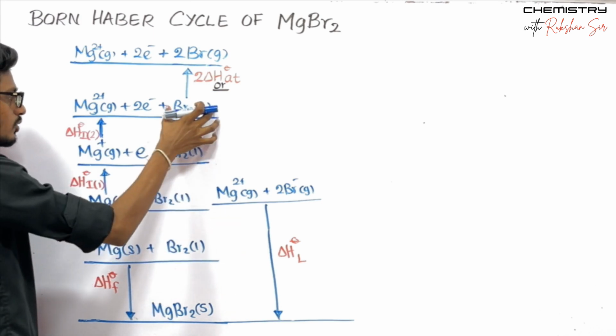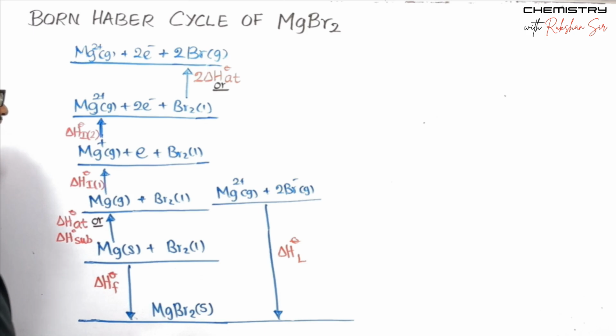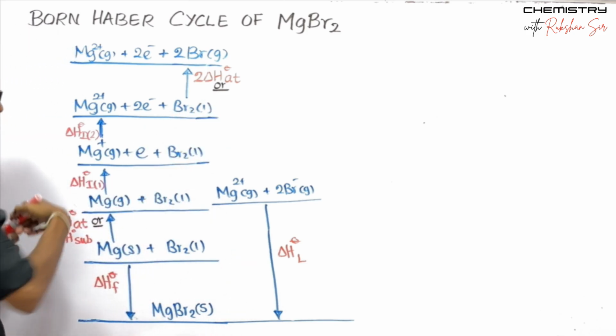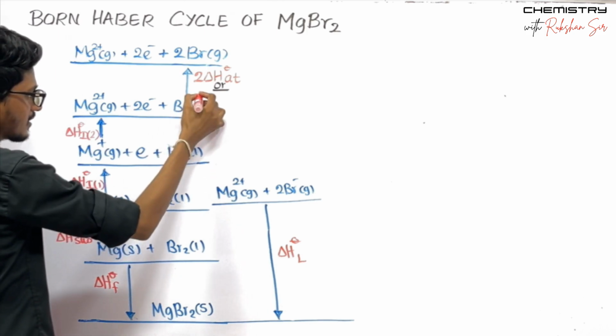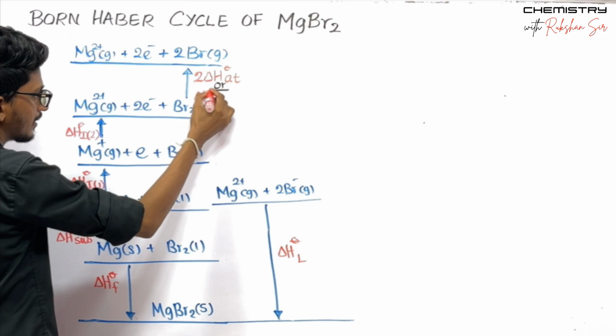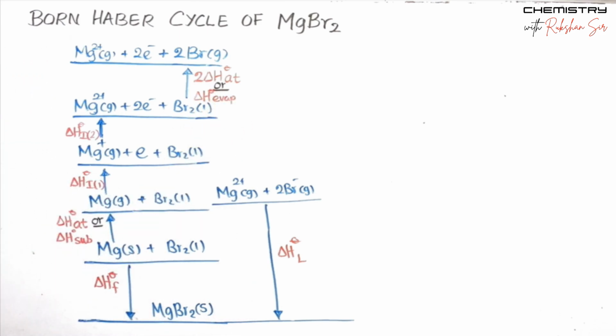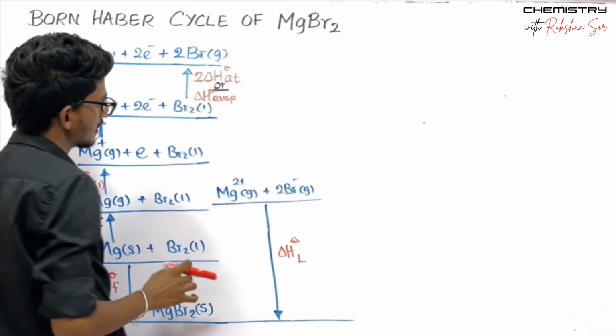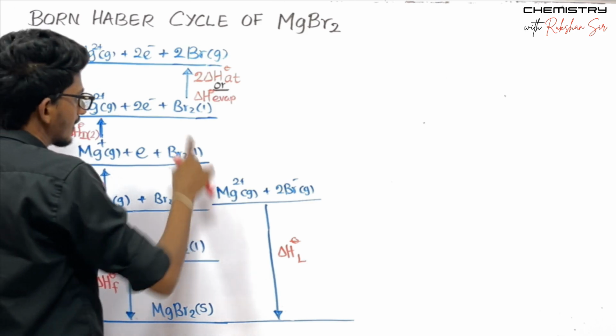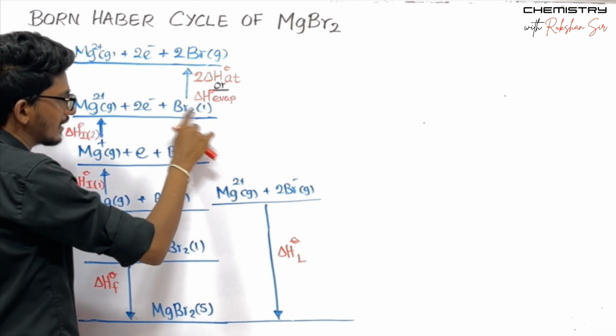To convert this into Br2 gas, you first need to do vaporization. Why? Because you can't do bond dissociation when you are with the liquid form.